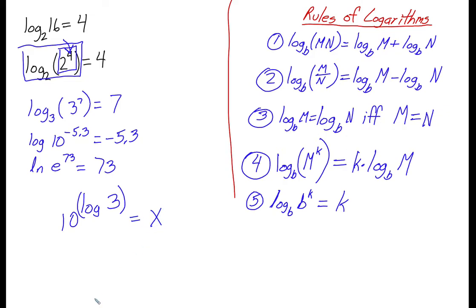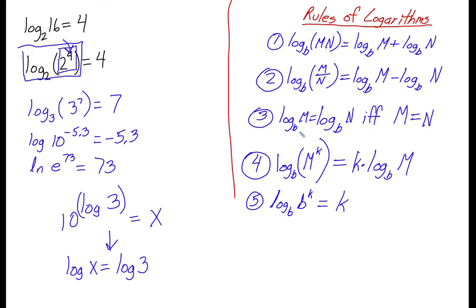What is that? Well, I've got 10 to the something equals x. This is an exponential function, 10 to the blank equals x. That could be rewritten as the log base 10 of x equals blank, equals whatever the exponent is. And the exponent in this case is the log of 3.